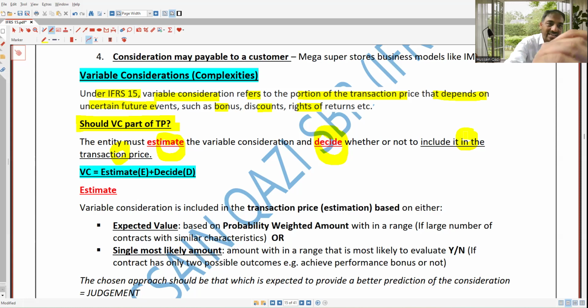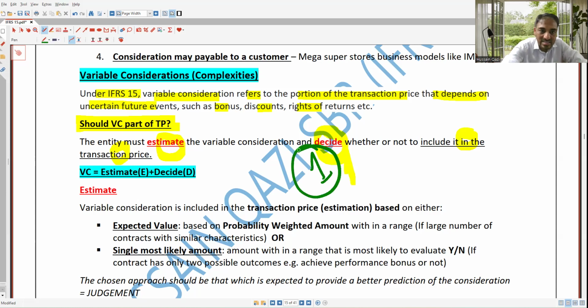So the first thing is that you need to decide. Number one, decide. Then number two, estimate. Once we cover the point of deciding, the standard will provide support on how to decide.